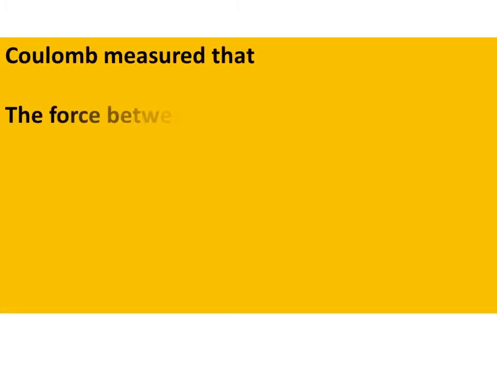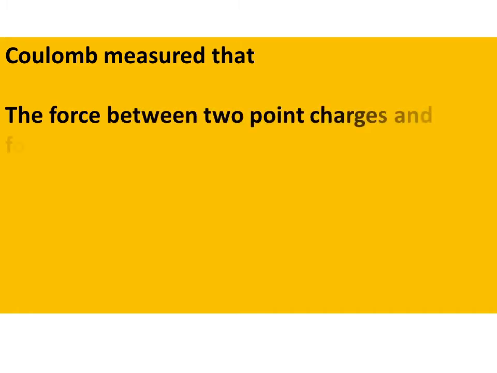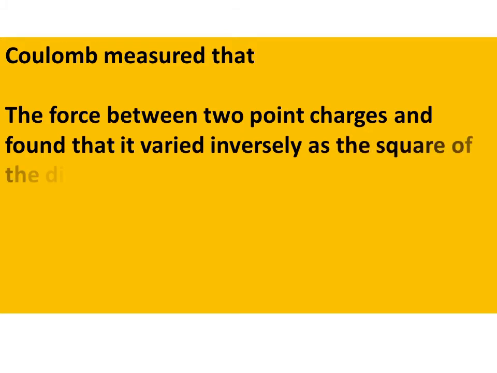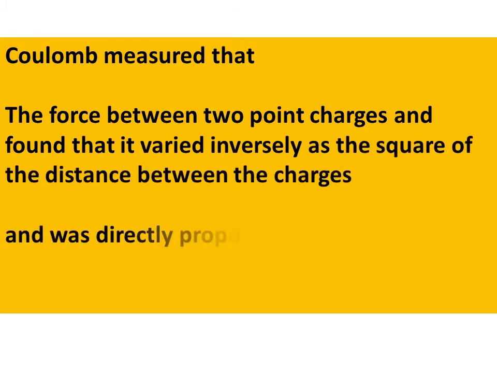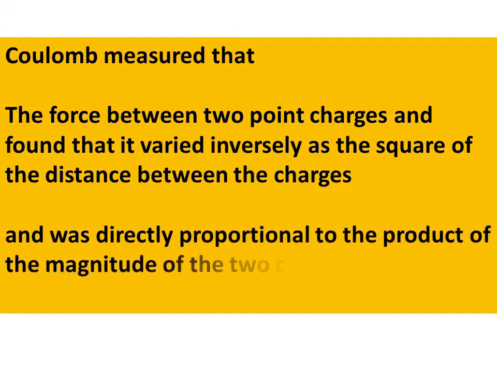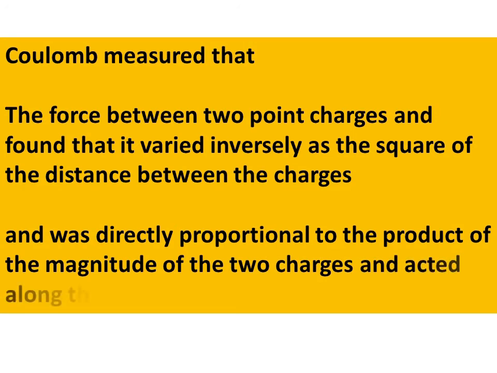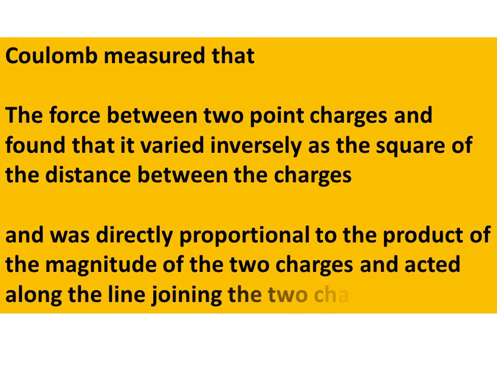Coulomb measured the force between two point charges and found that it varied inversely as the square of the distance between the charges, was directly proportional to the product of the magnitudes of the two charges, and acted along the line joining the two charges.